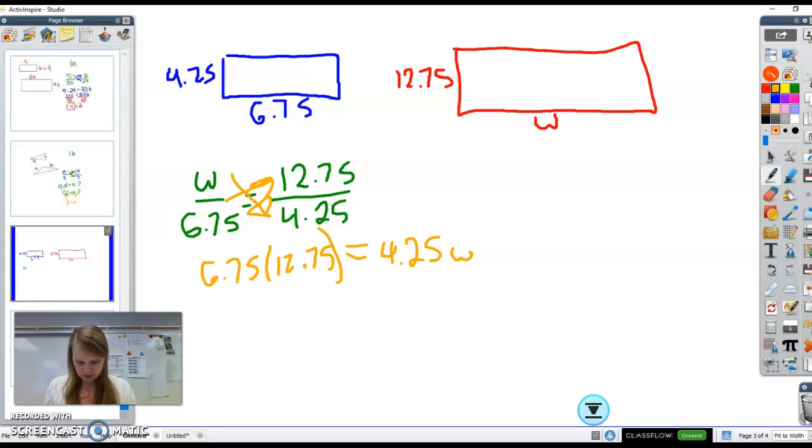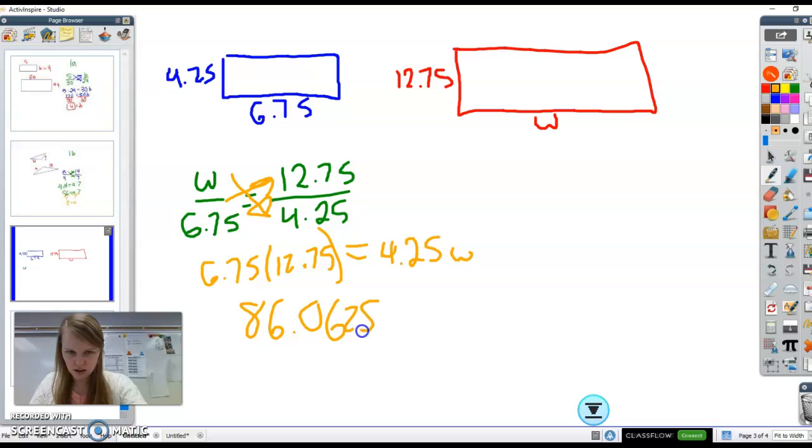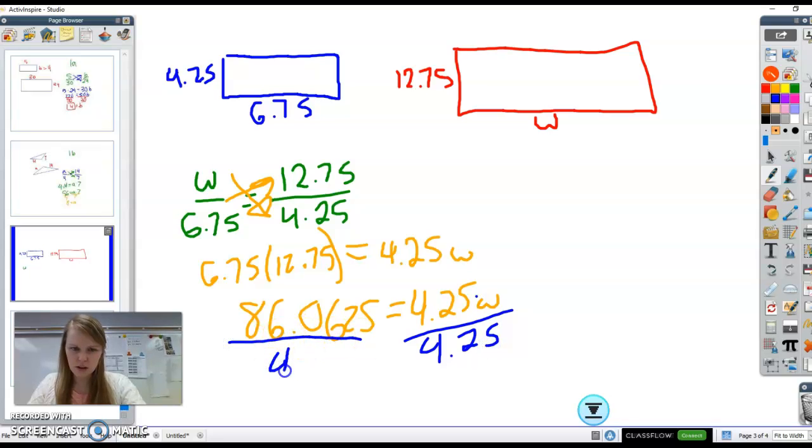And when I type that out, I get a decimal, 86.0625 equals 4.25W. Okay, so now, sorry about the handwriting, now I need to get W on a side by itself. So it looks like it's being multiplied here. So I'm going to divide by 4.25. So if I divide by 4.25, divide by 4.25, I end up with 20.25.